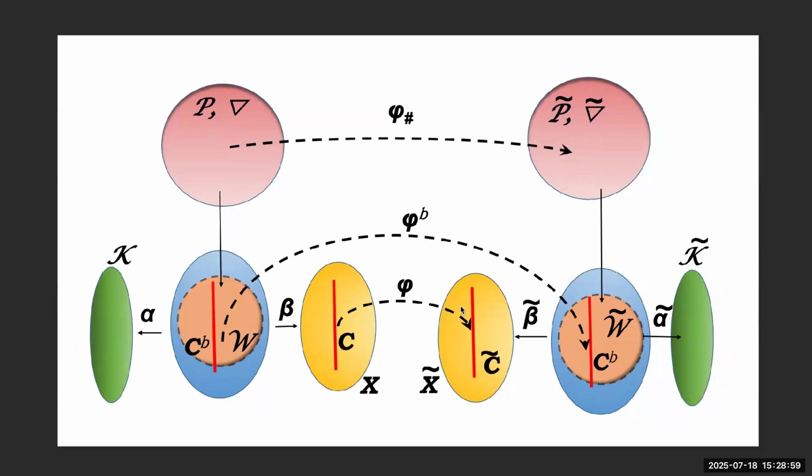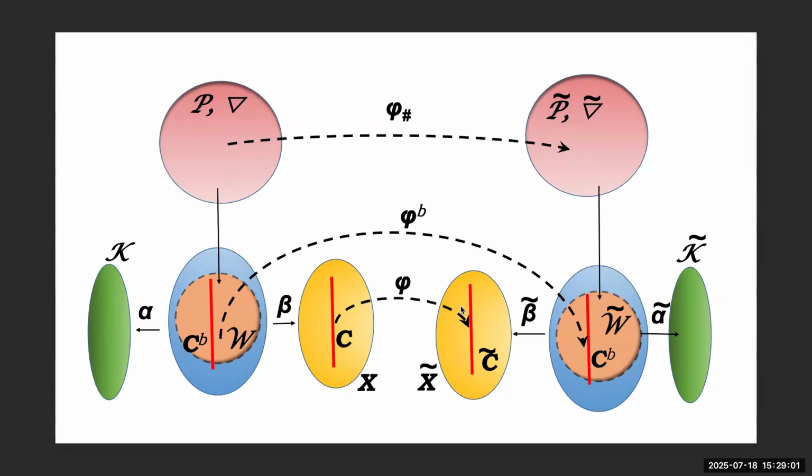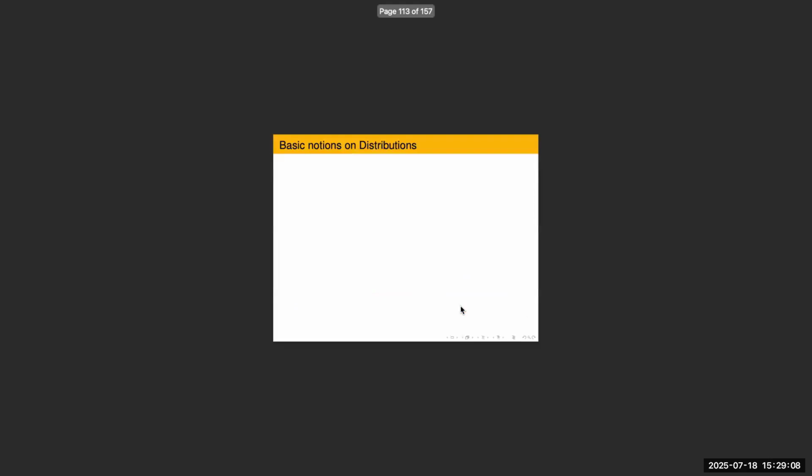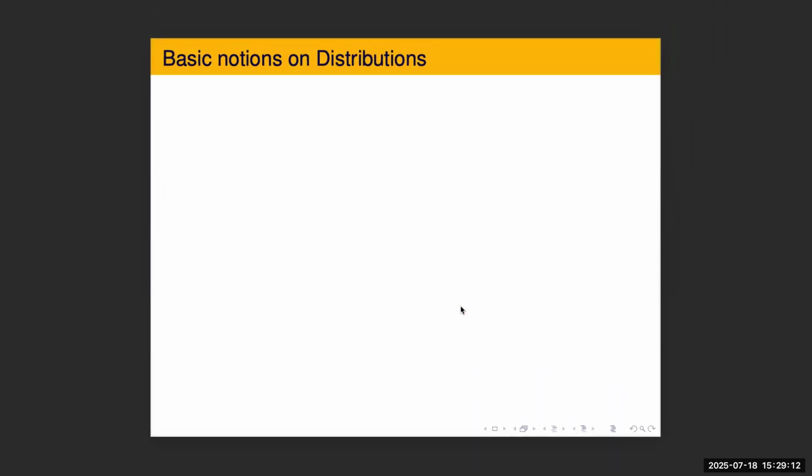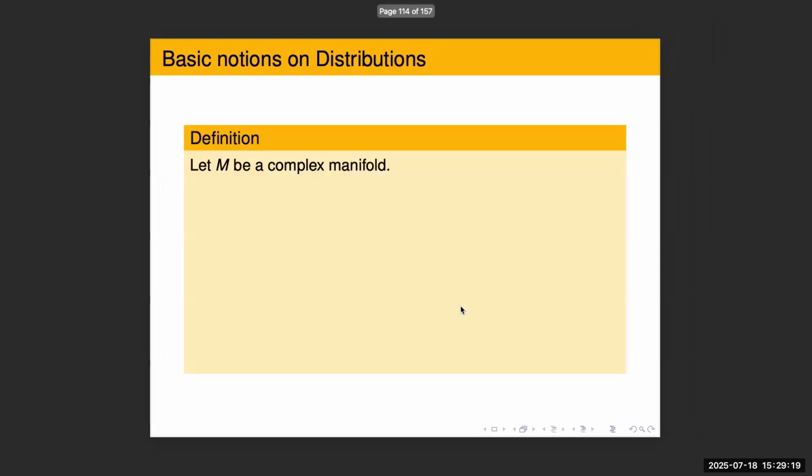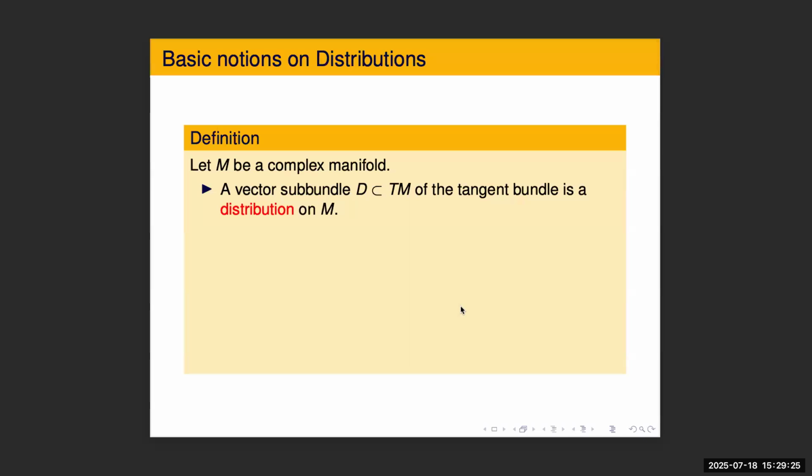Okay, so how do you prove this theorem 2? To do that, we need to recall some general concepts. This is some differential geometry concept. Distribution. So let M be a complex manifold. A vector subbundle of the tangent bundle is called a holomorphic distribution.